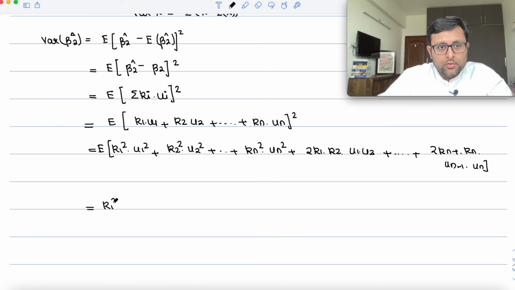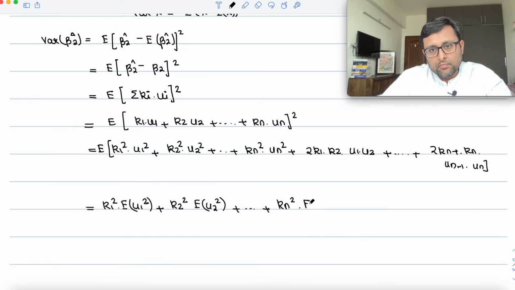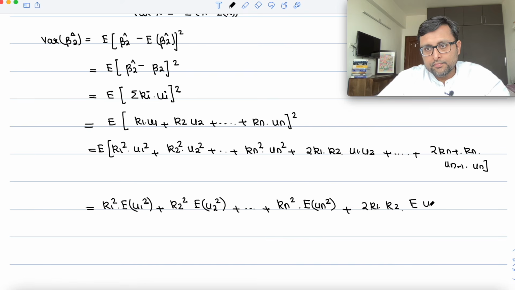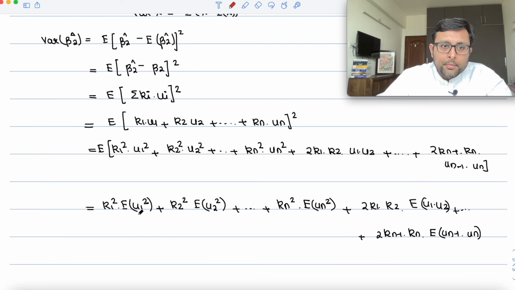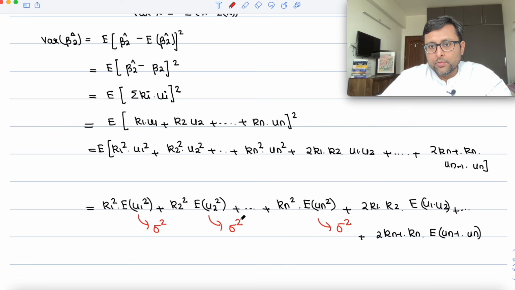You put the expectation: E of un square, and then all of these cross product terms. This is sigma square, sigma square, sigma square. What is this?